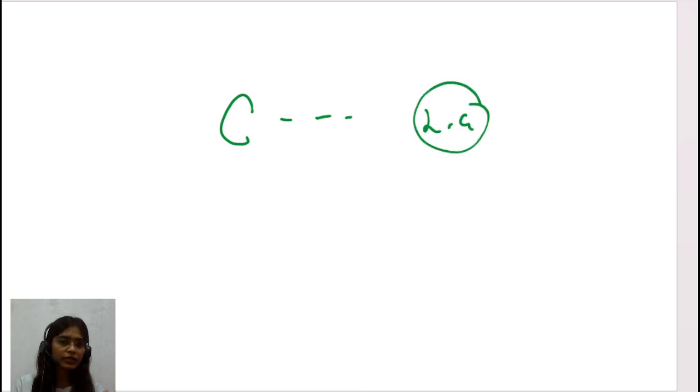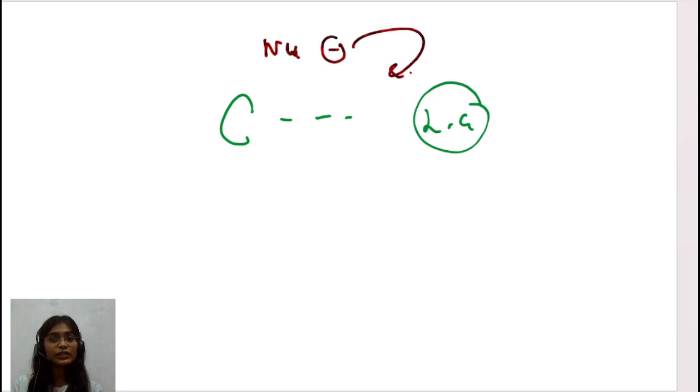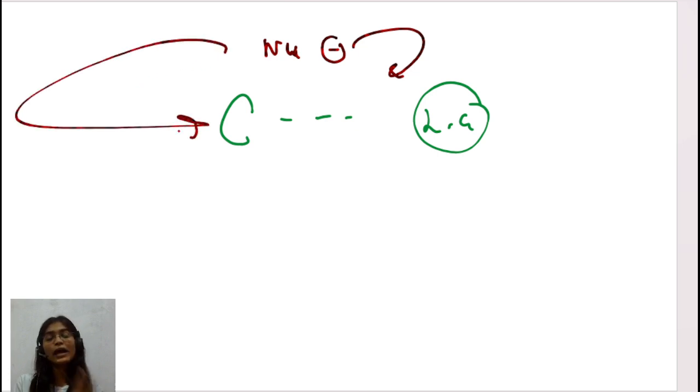Any chance can be there, because we are just assuming the positive charge; this is just our imagination. What if the leaving group is still there, and the nucleophile attacks from the side where the leaving group is leaving? There is hindrance, so the nucleophile thinks, why not attack below the plane, from the back of the leaving group? So sometimes the leaving group hinders the molecule, and due to its presence we do not end up with 100% racemization.